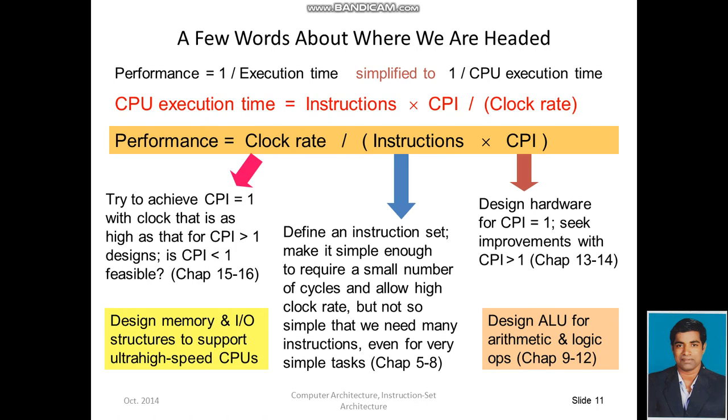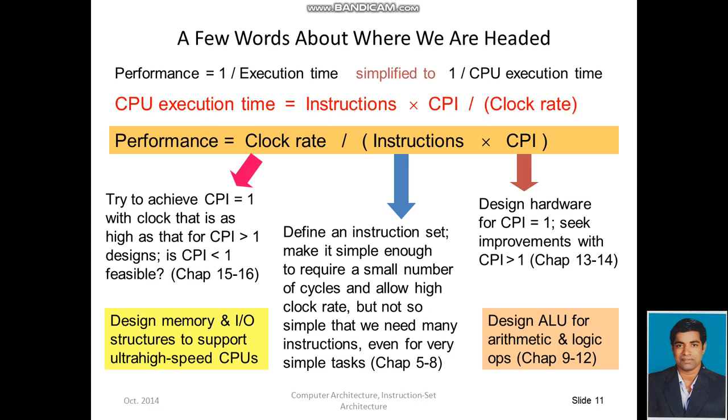Is CPI less than 1 feasible? Here, define an instruction set. Make it simple enough to require a small number of cycles and allow a high clock rate, but not so simple that we need many instructions even for very simple tasks.